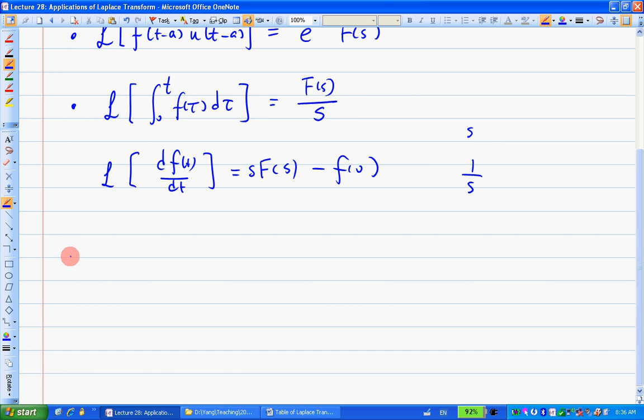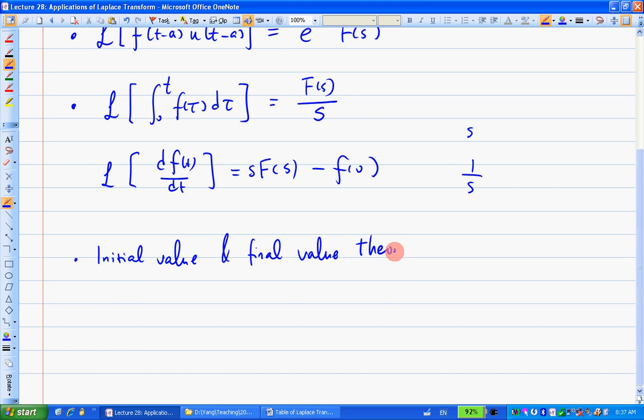The other property I also want to mention is the initial value and the final value theorem.